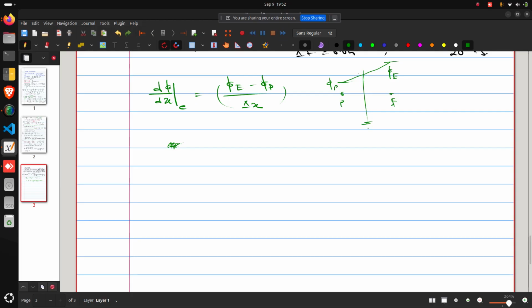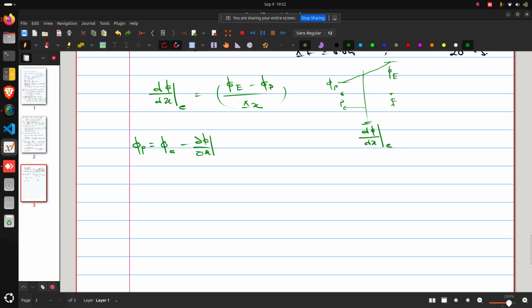So we want the derivative here, right? So we want d phi dx at e. So we will do a Taylor series expansion about the point phi e. So let's write it down. So phi p will be what? It will be phi east minus dou phi dou x.